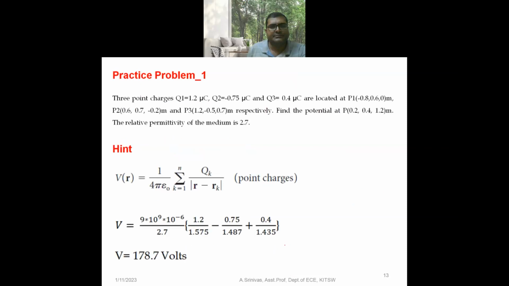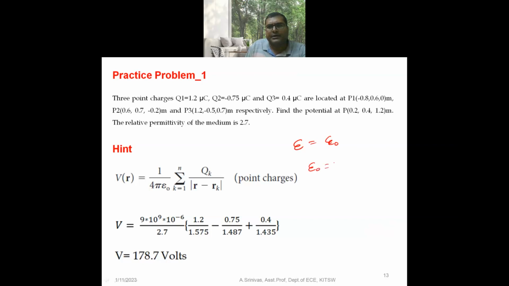Practice problem 1. In most of the cases, if the medium is not defined, then you can consider the value of epsilon as epsilon naught.